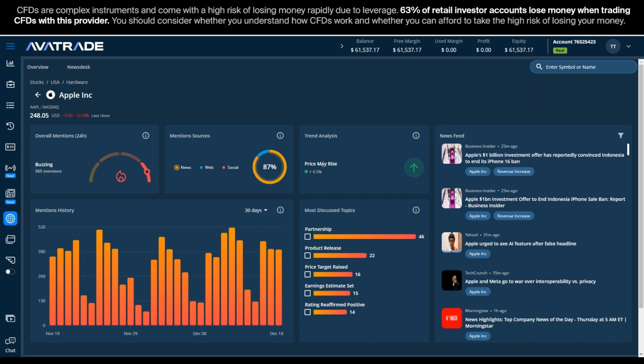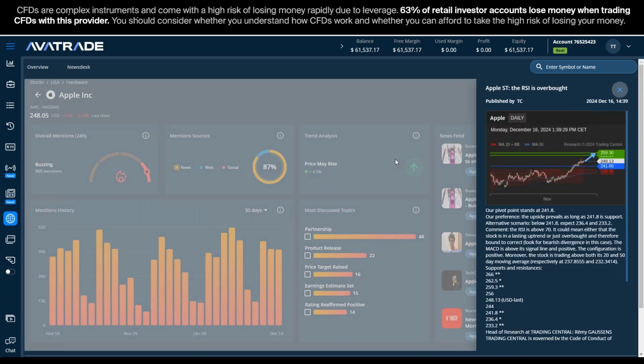The expectation after yesterday's big drop is that there could be a bounce on Apple stock of 4.5% or so. We can look at the technical analysis of that. We see that it's expected to rise up to a certain level. We see the support and resistance levels as well.